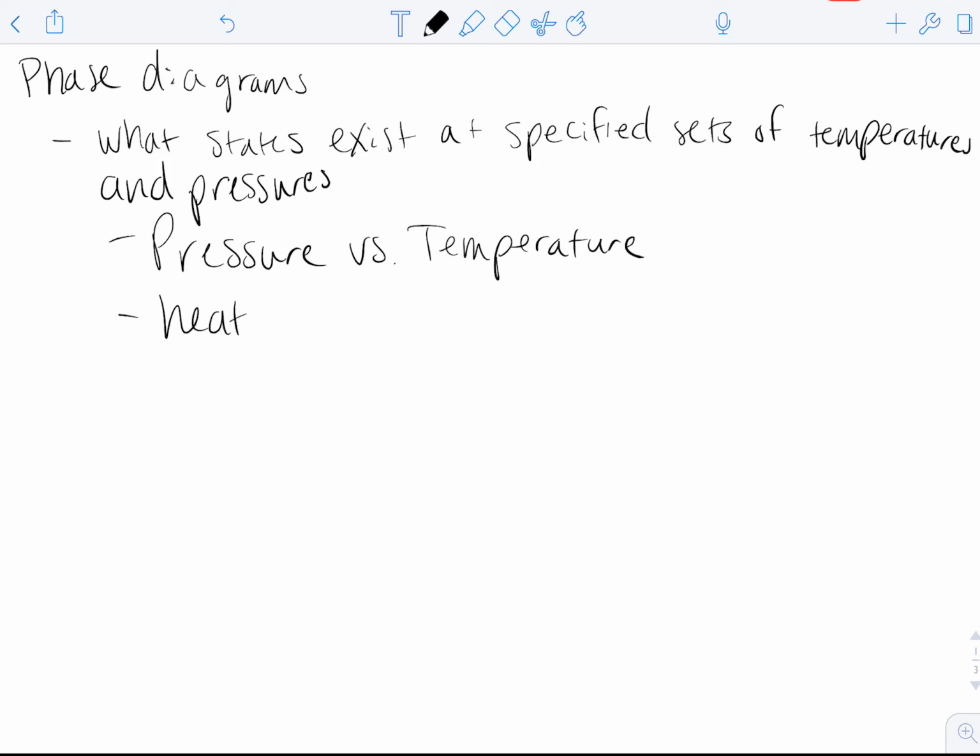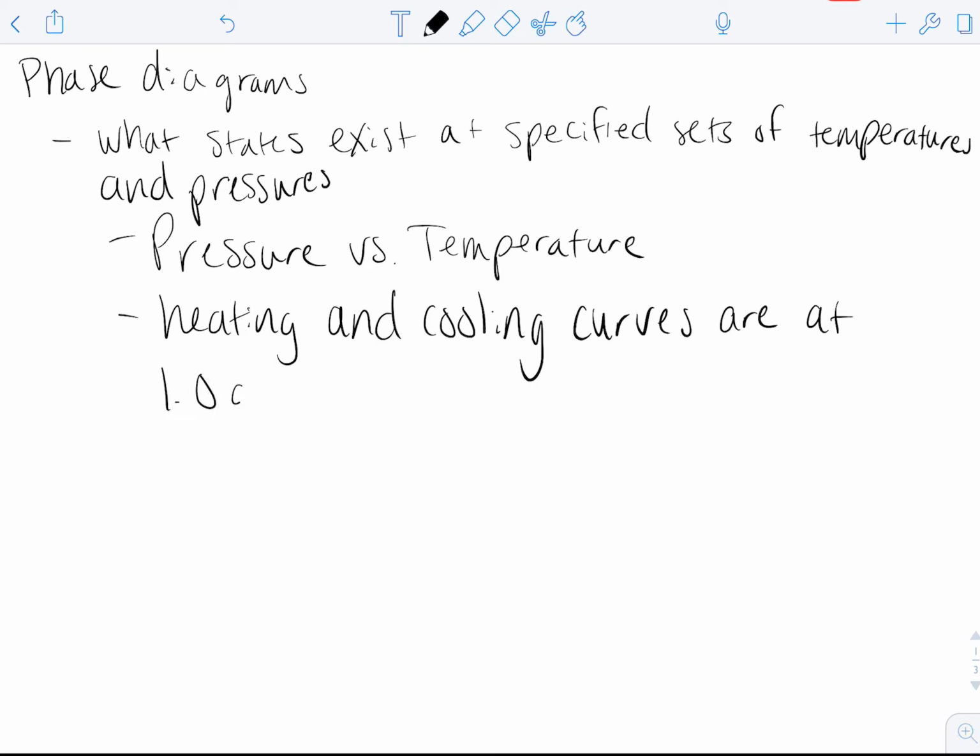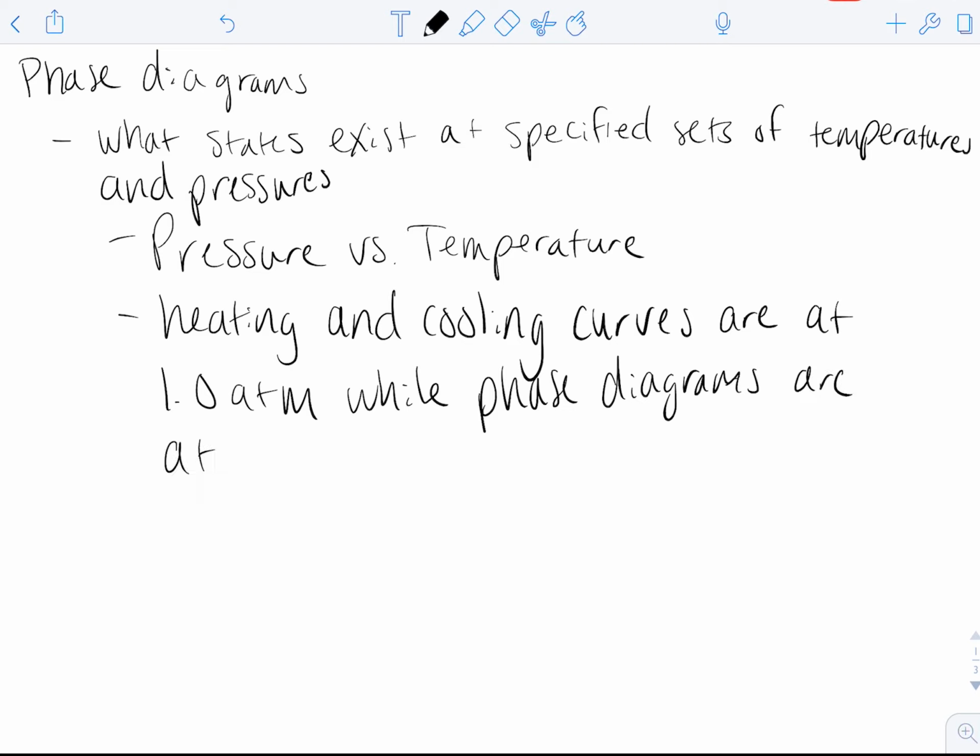So heating and cooling curves are at 1 atmosphere, while phase diagrams are at many temperatures, at many pressures. Okay, so like I said, this is going to be pressure versus temperature.